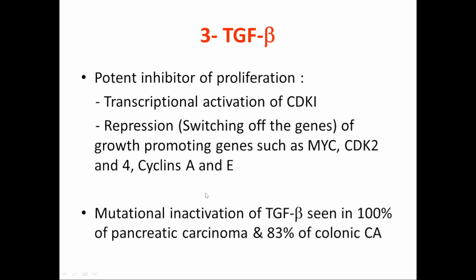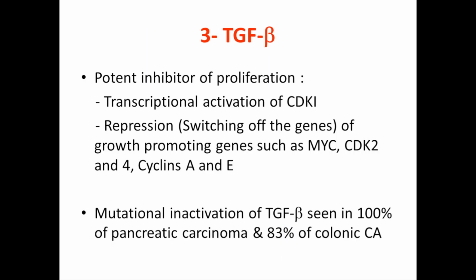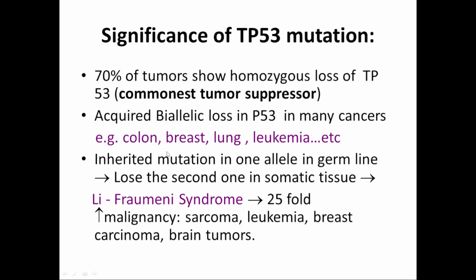Mutation and inactivation of transforming growth factor beta is also common. It's seen in up to 100% of pancreatic cancers and 83% of colonic cancers. The percentages are not something to memorize, but so that you know how common the mutations are. In colon cancer we talked about a lot of mutations, like transforming growth factor beta, and P53 in breast and colon.